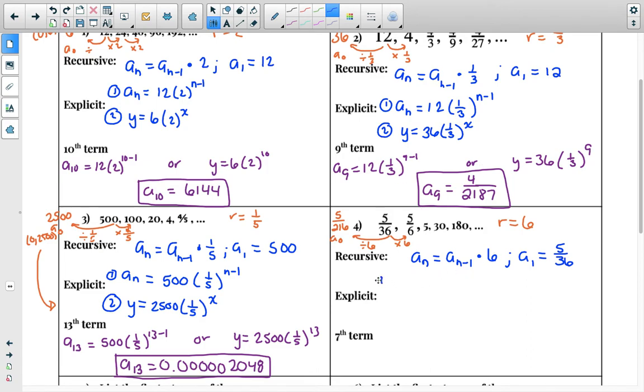Explicit. The first explicit is our a sub n equals our first term of 5/36 times 6 raised to the n minus 1. Our second explicit is our exponential, y equals our y-intercept of 5 over 216 times our common ratio of 6 raised to x.